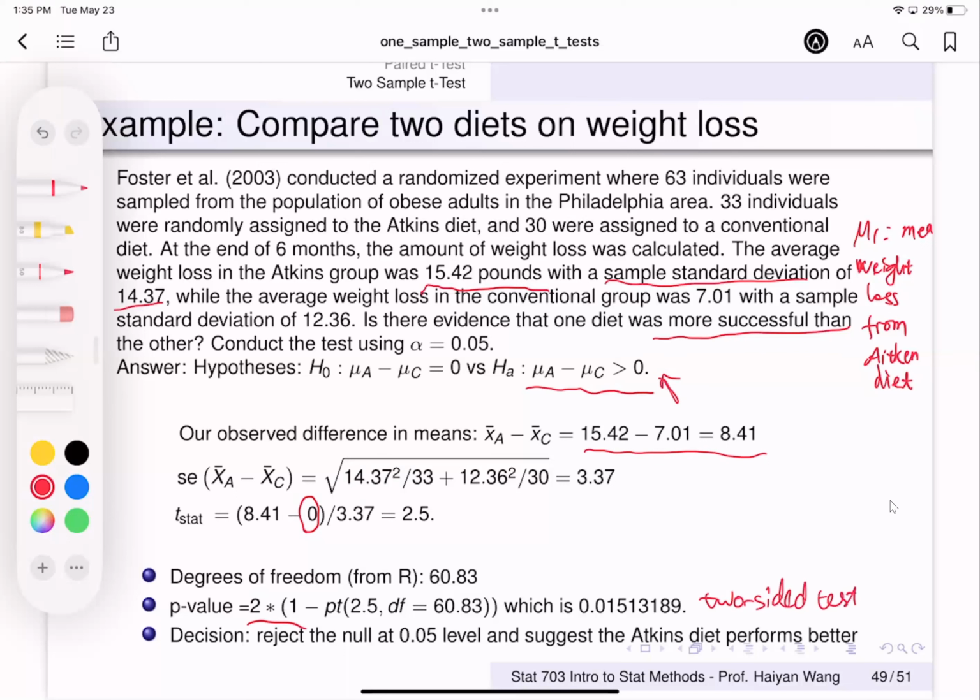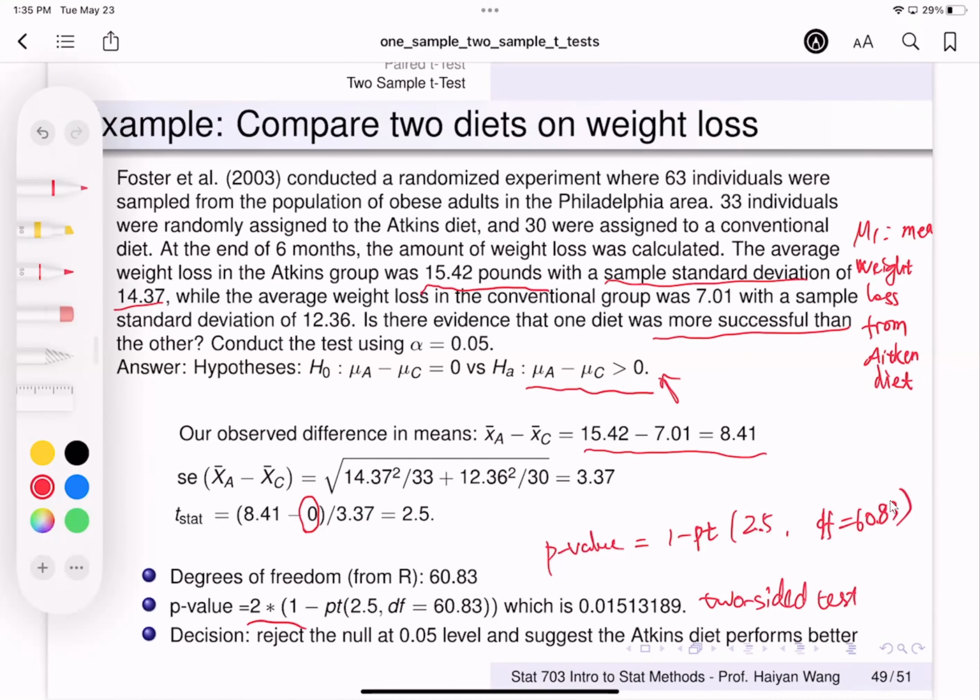So for this one, the p-value should actually be given by this one: the p-value should be equal to 2 times 1 minus pt, and then we put the degrees of freedom there. And the degrees of freedom, in this case, I did not really do the calculation by hand; it is computed separately.